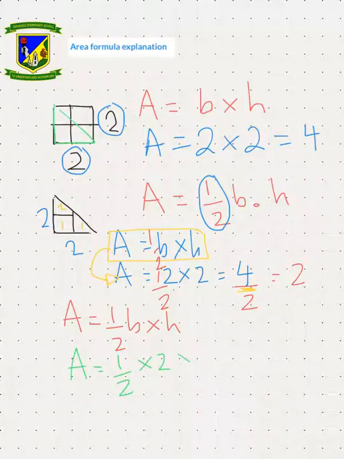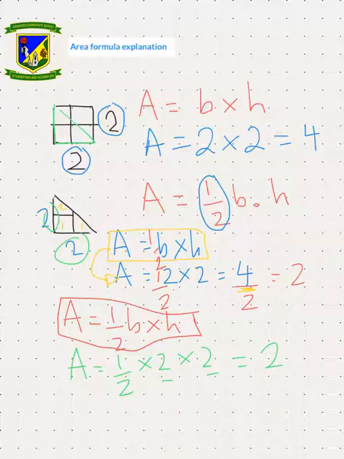So in my case, it's half the base, which is 2, by the height, which is also 2. 2 times 2 is 4, and 4 divided by 2 is 2. So therefore, the formula to calculate the area of a triangle is half the base times the height.